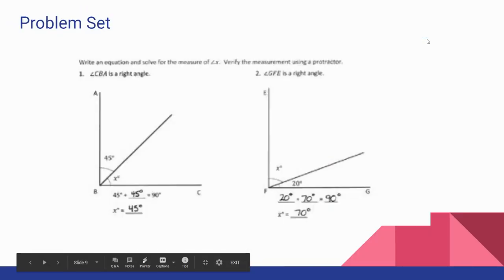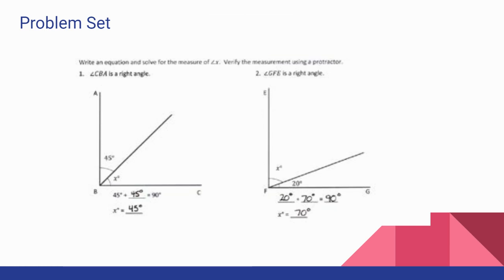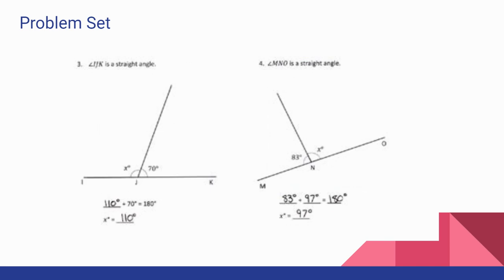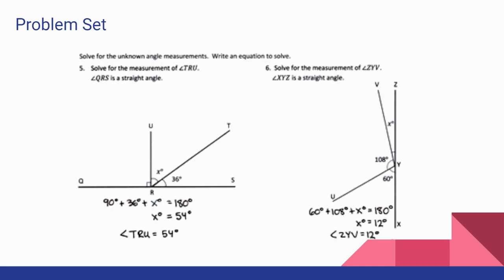So it's a little bit blurry. I apologize, but hopefully you can see the answers. So when you check, if you did not get the right answers, make sure you are verifying with a protractor. Check your addition and subtraction.